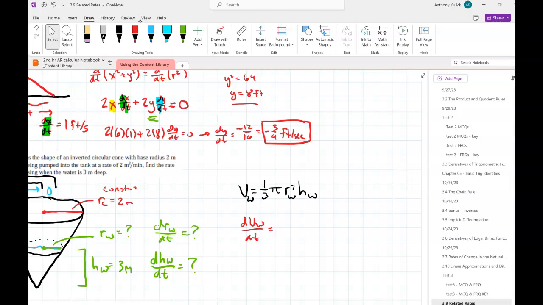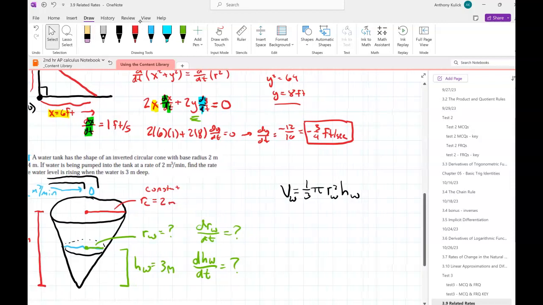So I want to look for another equation that relates the radius and the height so that I can eliminate the variable RW from the equation up here, because I don't like where this is heading; I'm going to get stuff I can't solve for.